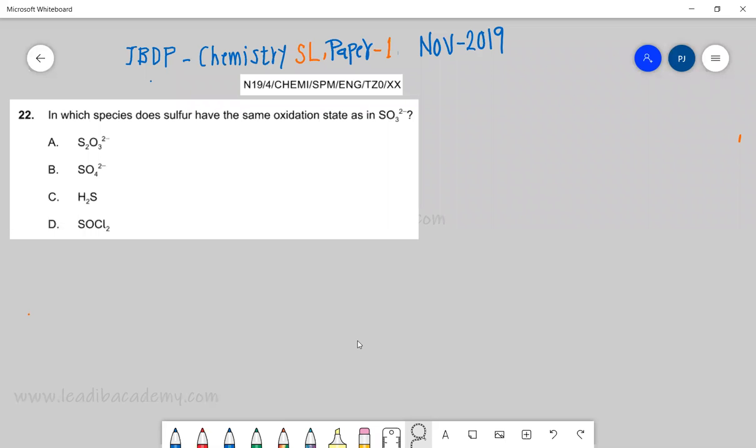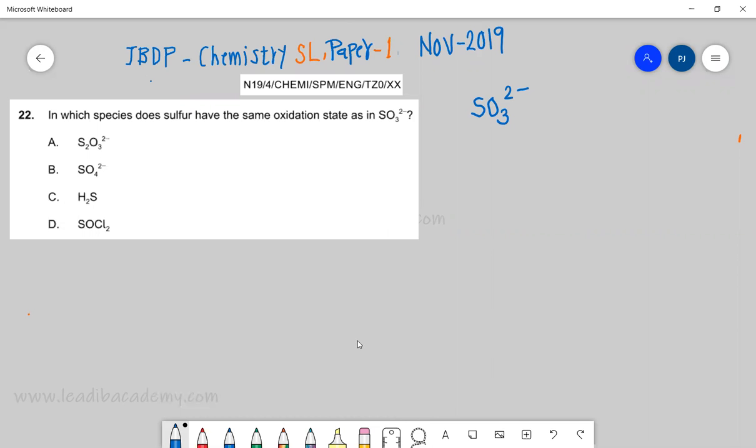Question number 22. In which species does sulfur have the same oxidation state as in SO3 2 minus? This question is based on computing oxidation states. So for SO3 2 minus, let's find the oxidation state.